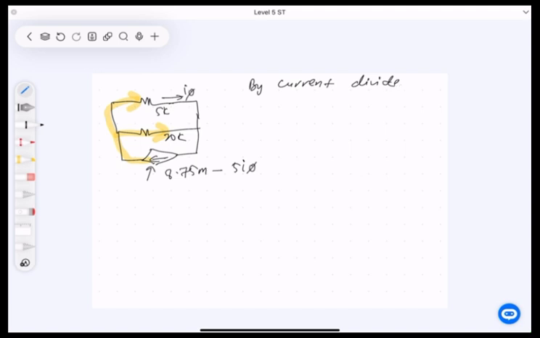I have to write slowly. I5 is actually the opposite resistor over total resistor multiplied by the source. 8.75 milli minus, sorry, I have to do it like this. That's what happens when you don't plan. No, it doesn't look right.